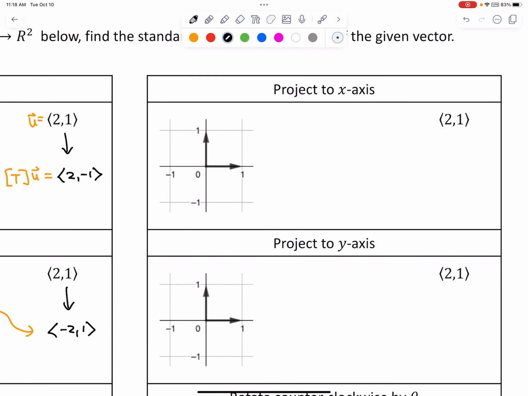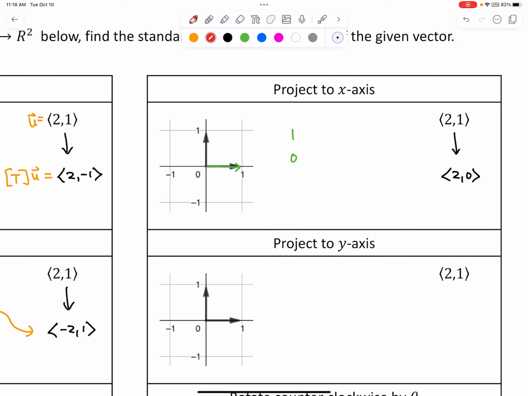To project to the x-axis, let's just look at the point 2, 1. That means really just remove the y-coordinate. So we want a transformation that'll turn 2, 1 into 2, 0, which projects it down to the x-axis. Well, let's track what happens to the basis vectors. i is already on the x-axis, so it'll project nowhere. So the first column will be 1, 0.